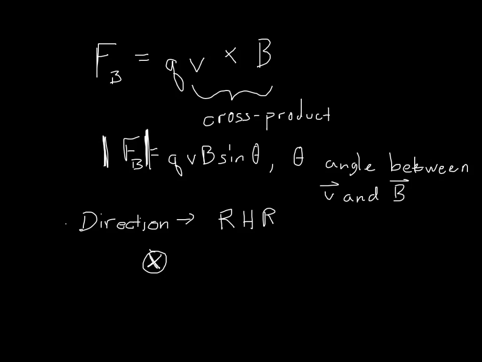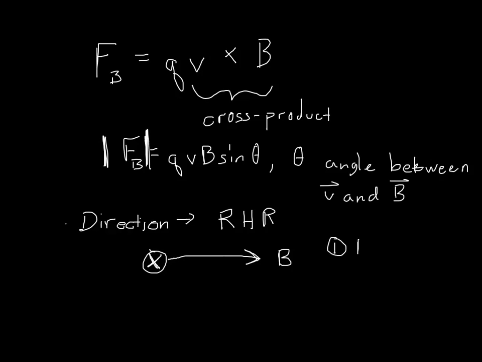This charge is moving into this board, into the computer screen that you're watching this from. And there's a magnetic field in this screen that goes to the right. I could use these two directions to figure out the direction of the magnetic force.